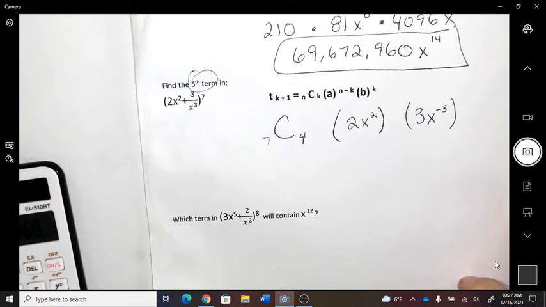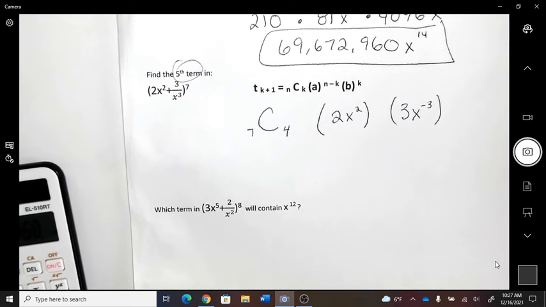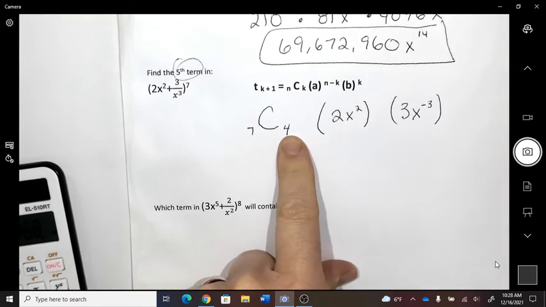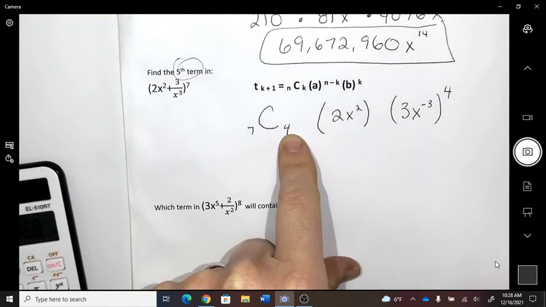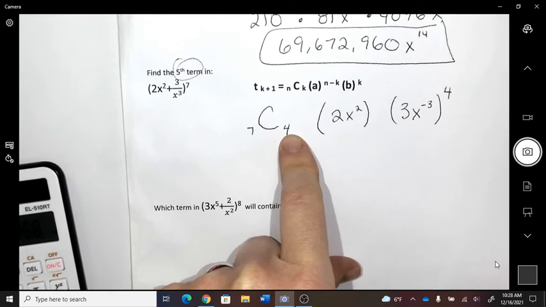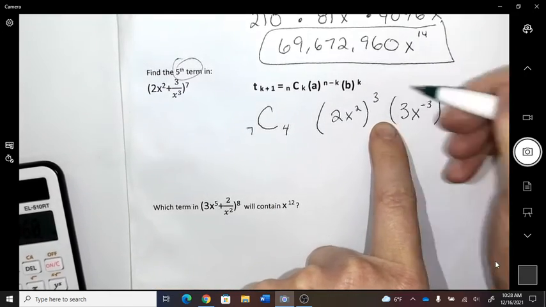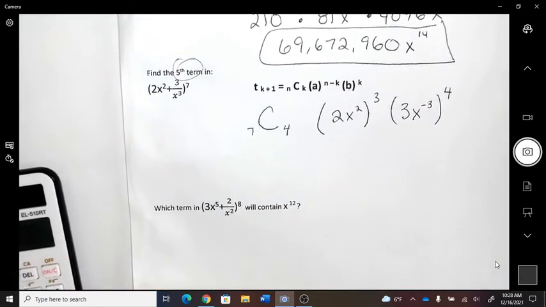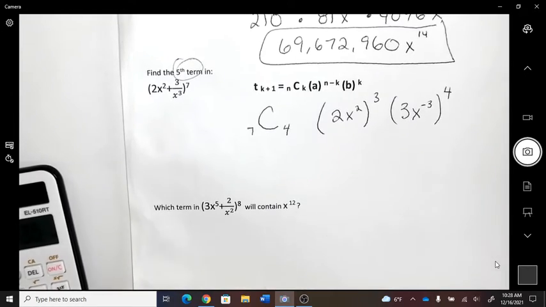Do we understand that concept? Remember, negative exponents are the same as putting it on the bottom, right? Okay, so now the 4 will go on the outside exponent, and the inside would be a 3. Okay, I'll let you work on your own just to finish that one up.